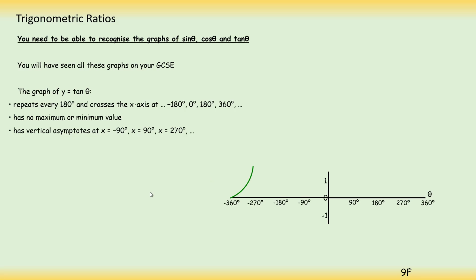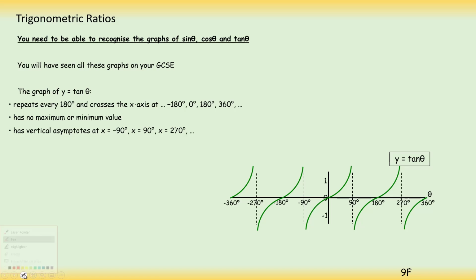So if we sketch it, so that's our tan graph, that's what it looks like, and our asymptotes are these lines here. Now they extend further than the dots shown there. So really, ideally, we should extend them. I'll just change the color of the pen here. So they should extend infinitely. And the curve tends towards them, but it never actually attains the value.